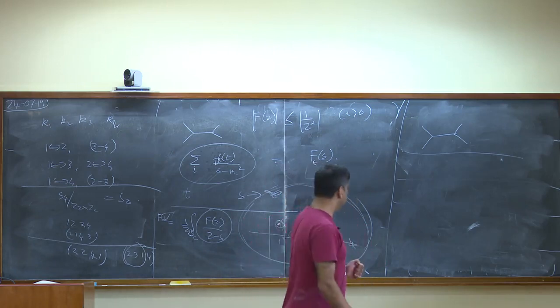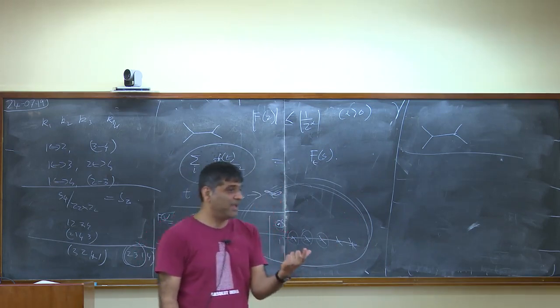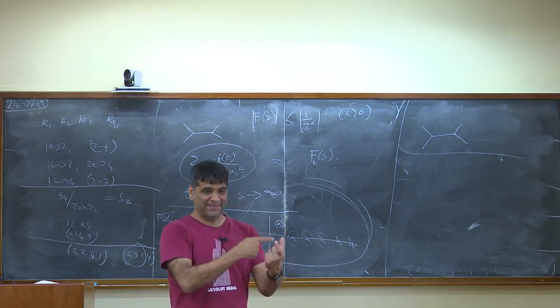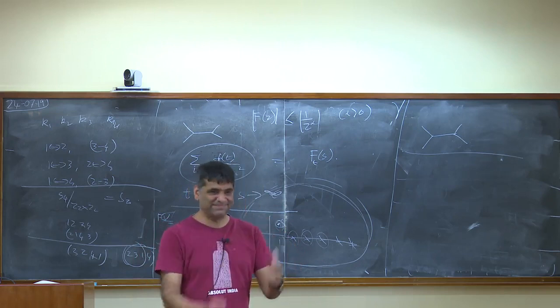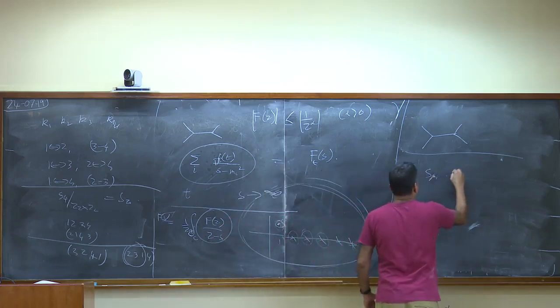Suppose you've got a spin S particle, a particle which has S indices which are completely traceless, so some particle which is S mu1 to mu S.